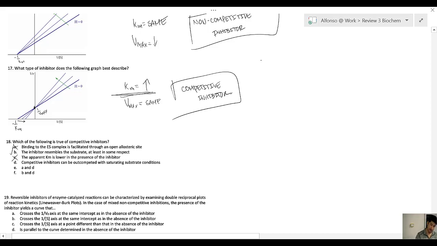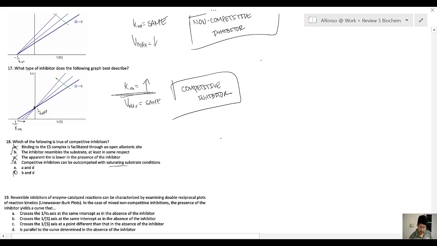What about D? Competitive inhibitors can be outcompeted with saturating substrate conditions. The answer is yes. I mean, the answer is it's F, but it's also a yes to D. Some of you might be wondering, what are saturating substrate conditions?